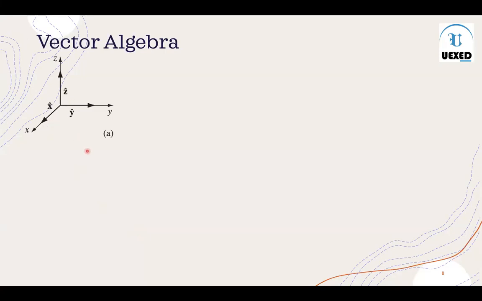Sometimes you also see some conventions which people use, like a left-handed system, but I'm going to use a right-handed system like this. So you have an x unit vector in the direction of the x-axis. Similarly, you have a y unit vector in the direction of y, and a z unit vector in the direction of z. By having this, you can define any vector A like this.